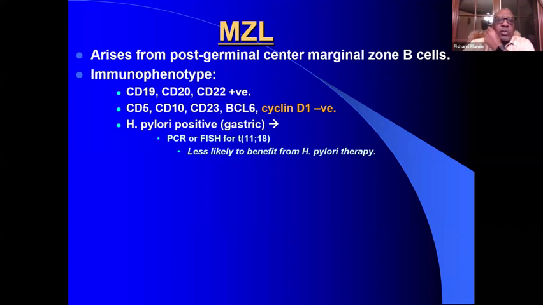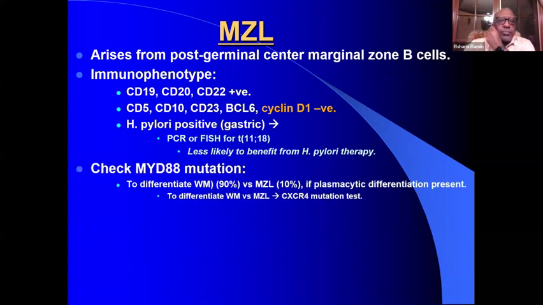By the way, translocation 11;18 positive, H. pylori positive gastric marginal zone lymphoma is less likely to benefit from antibiotics, because as we see later, we treat H. pylori positive gastric marginal zone lymphoma with antibiotics.